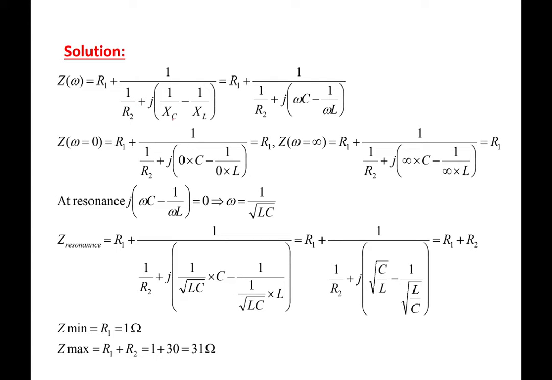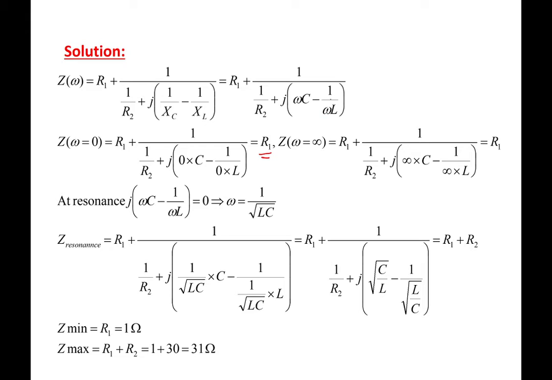We can also take XC equal to omega C, XL equal to omega L. Now if the frequency is 0, then 1 over 0 will be infinity, and 1 over infinity again will be 0. So at frequency 0, the total resistance will be R1.